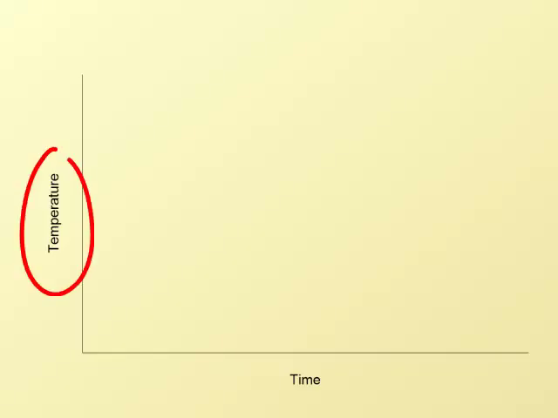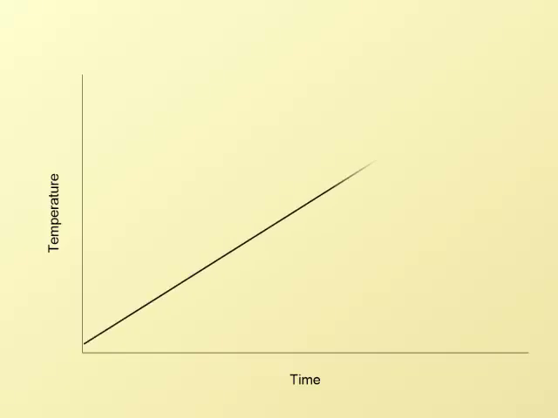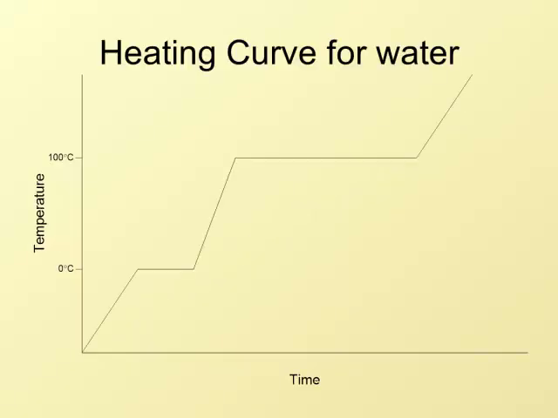We're watching the temperature as heat is being added at a constant rate over time. We are going to see that as heat is added, the temperature does not rise smoothly. Instead, the temperature rises, then plateaus for a time, then begins to rise again.